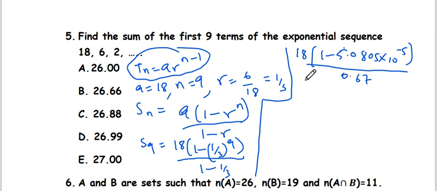So this becomes 1 minus 5.0805 times 10 raised to the power minus 5.